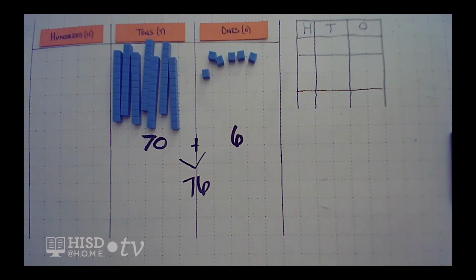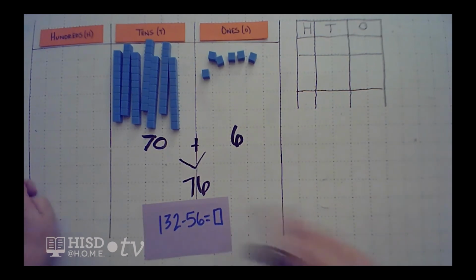because sometimes kids tell me, hey, sometimes I really don't like to subtract. Well, we do have a strategy where we can add to subtract. So remember, we've got 132 minus 56. So I know that I'm looking for the difference between those 2 points.